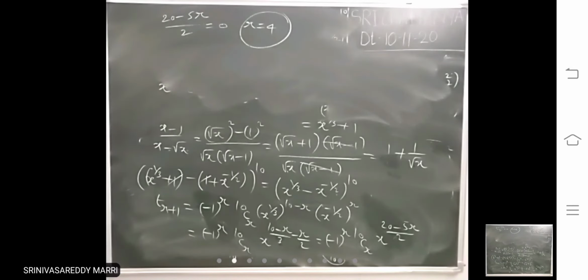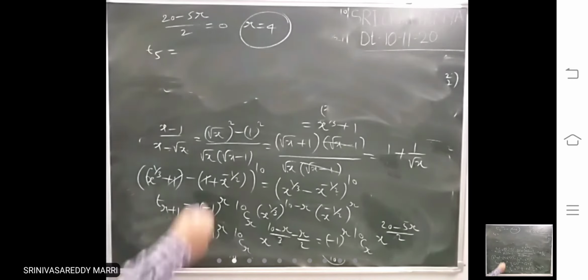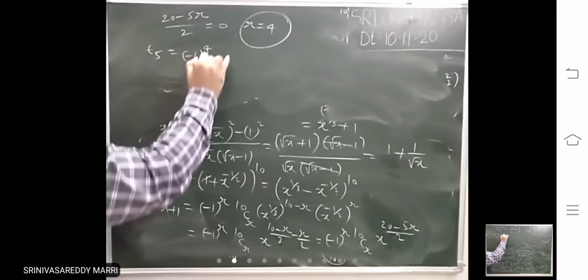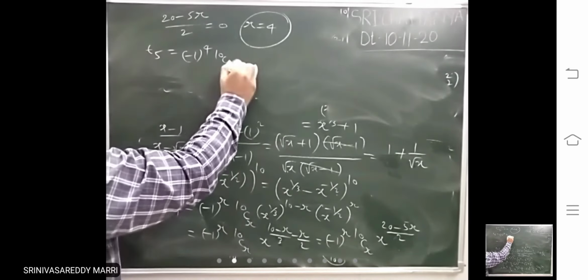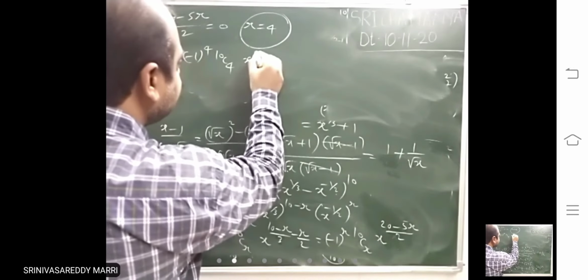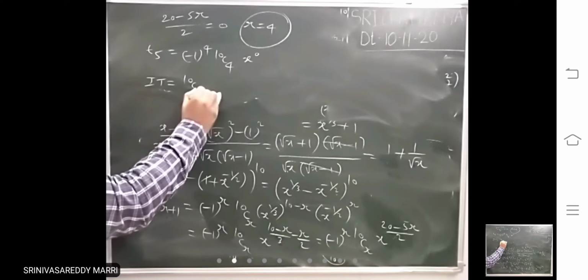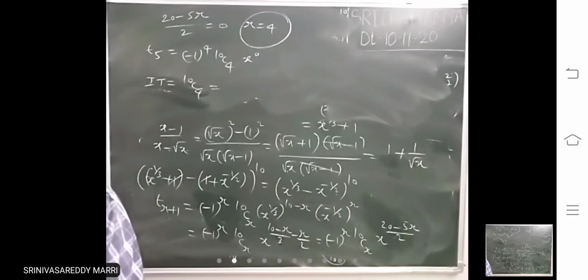If you substitute r equal to 4 back in the term, you will get T5 equals minus 1 whole power 4 into 10c4, with x power 0. Therefore, the independent term is nothing but 10c4.